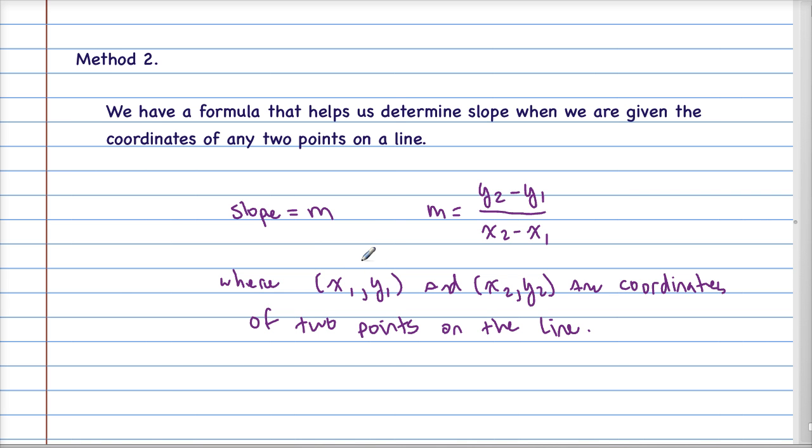So x1, y1 are the coordinates of our first point, and x2, y2 are the coordinates of our second point.